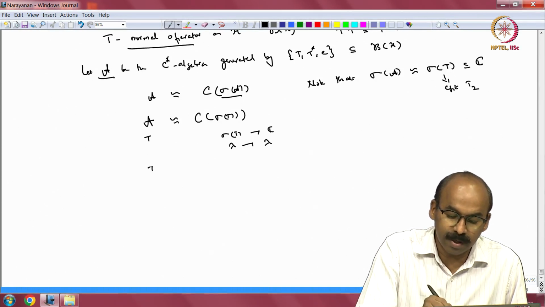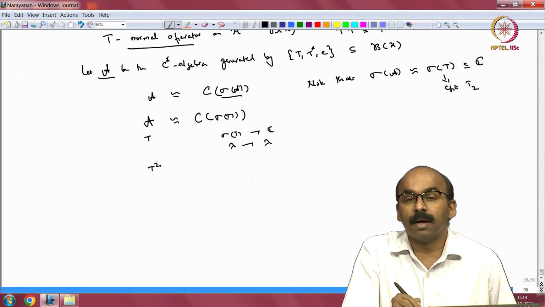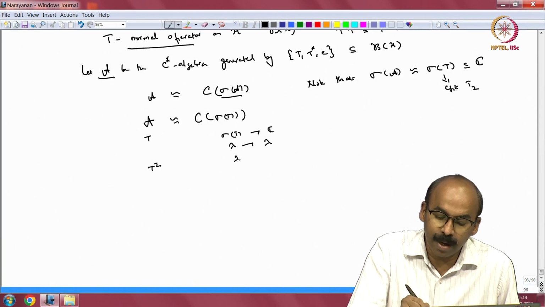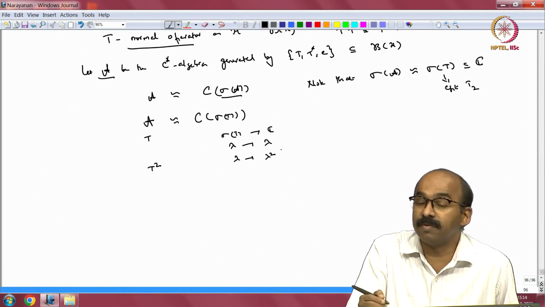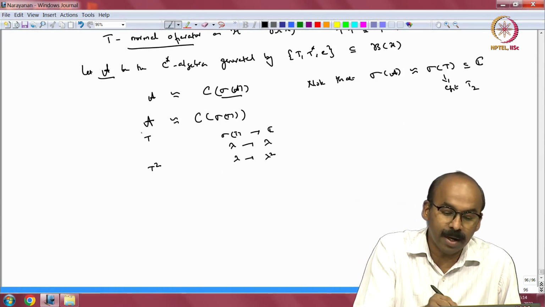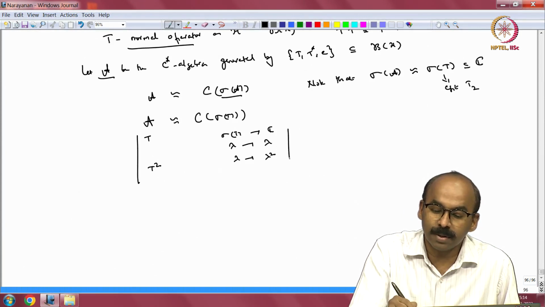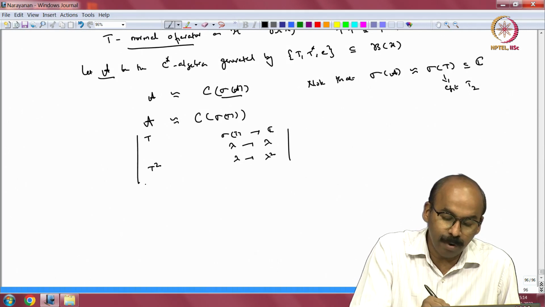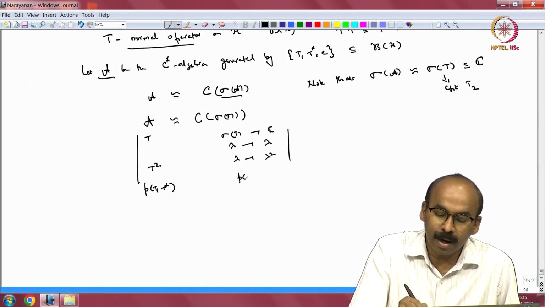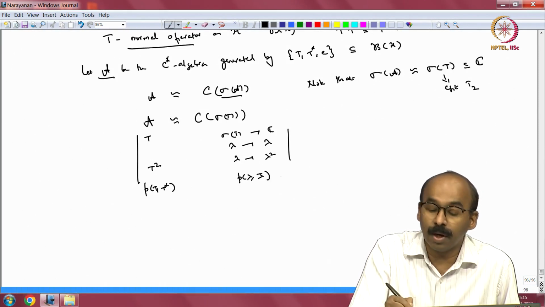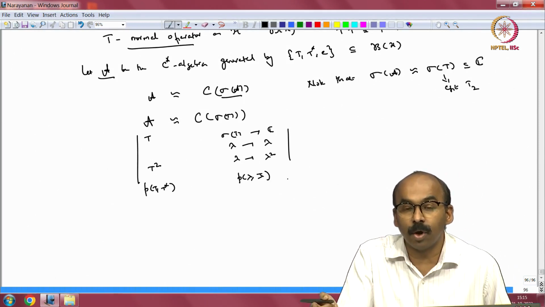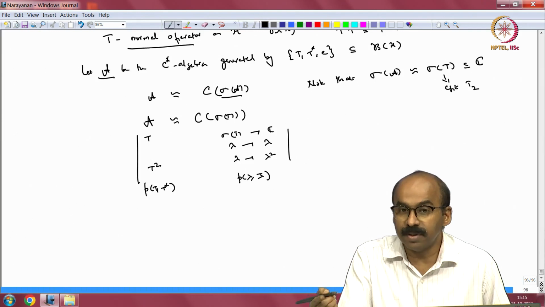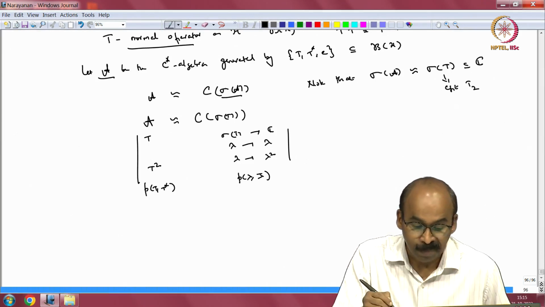So, T square will correspond to, because it is an algebra homomorphism, the function lambda going to lambda square, right. Any operator here will give me a continuous function here, right, that is what the Gelfand transform is doing. So, similarly, any polynomial in T and T star will give me a similar polynomial in lambda and lambda bar, right. T star will go to lambda bar, right, because star has to go to the complex conjugation on the other side.